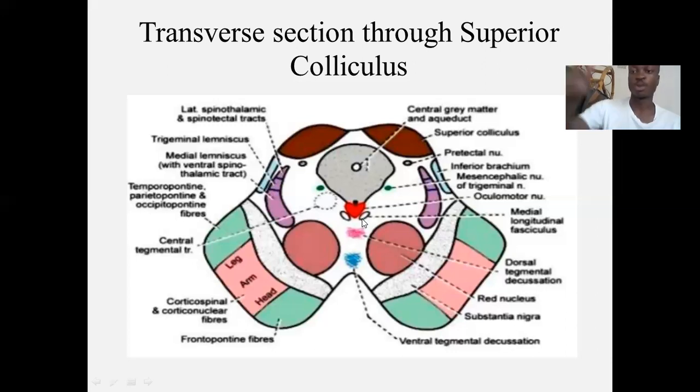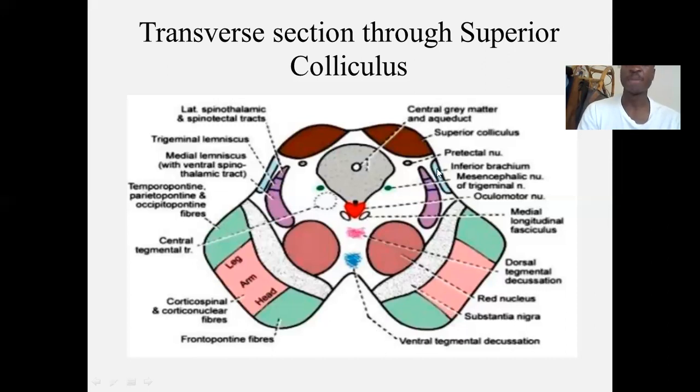Then it was going to course forwards in relation to the posterior communicating artery. That is, of course, a branch of the posterior cerebral artery as well. Right. Then this is still the substantia nigra having a pars compacta and a pars reticulata. Then this is your crus, right?